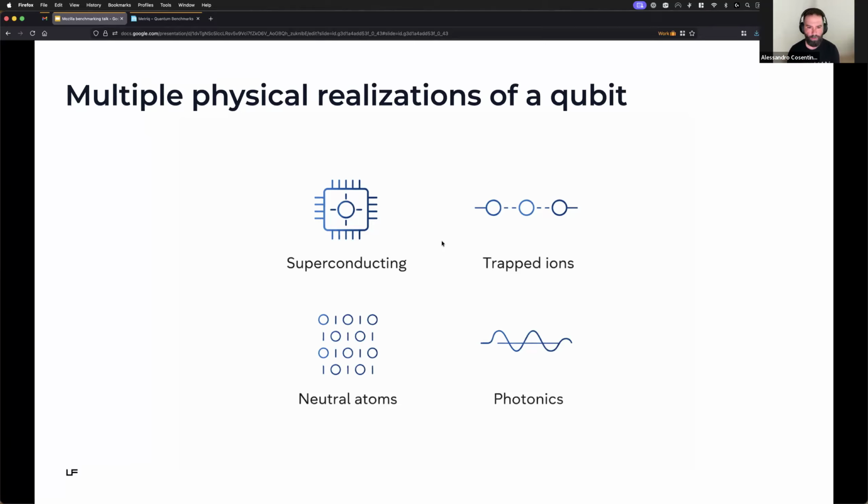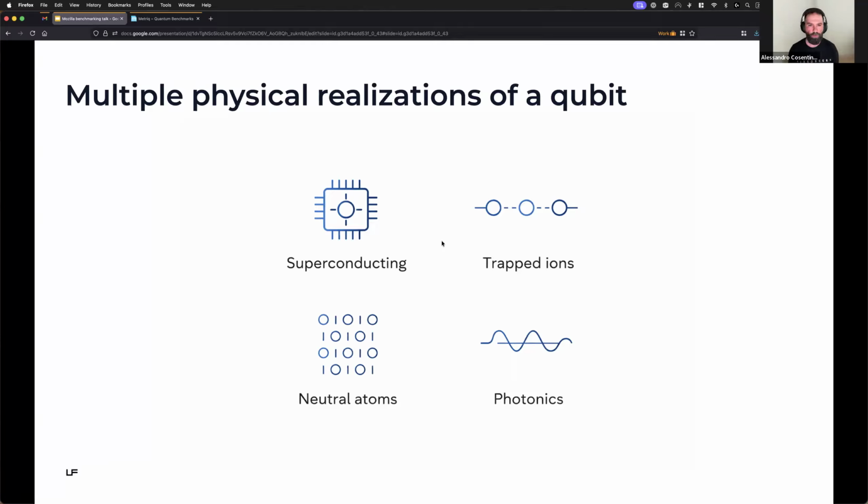You can have it encoded in atoms, but also in more complex systems, fortunately, because maybe those are easier to handle since they are physically bigger. You can have superconducting circuits that act in a way so that you can have quantum mechanical situations, and you can encode a qubit.